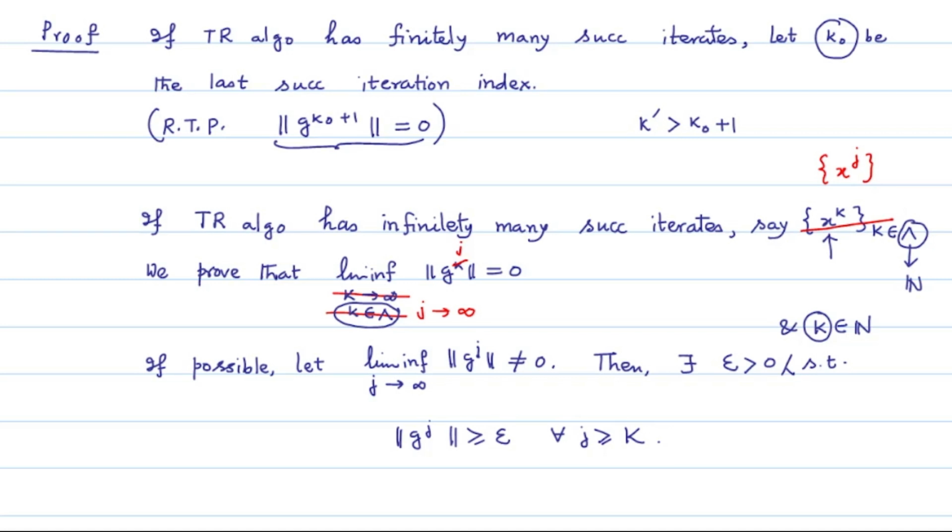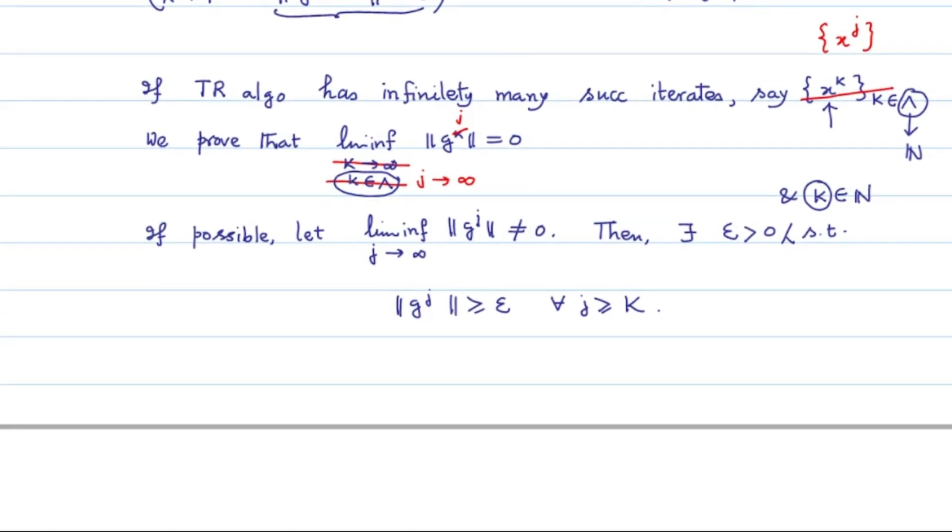Here we see that the sequence xj is a sequence of successful iterates, and therefore if we consider two consecutive successful iterates xj and x_{j plus 1}, then the reduction ratio at the jth index, that is rho j, must be greater than or equal to eta 1, and therefore we have f(xj) minus f(x_{j plus 1}) is greater than or equal to eta 1 times the predicted reduction at the step pj.